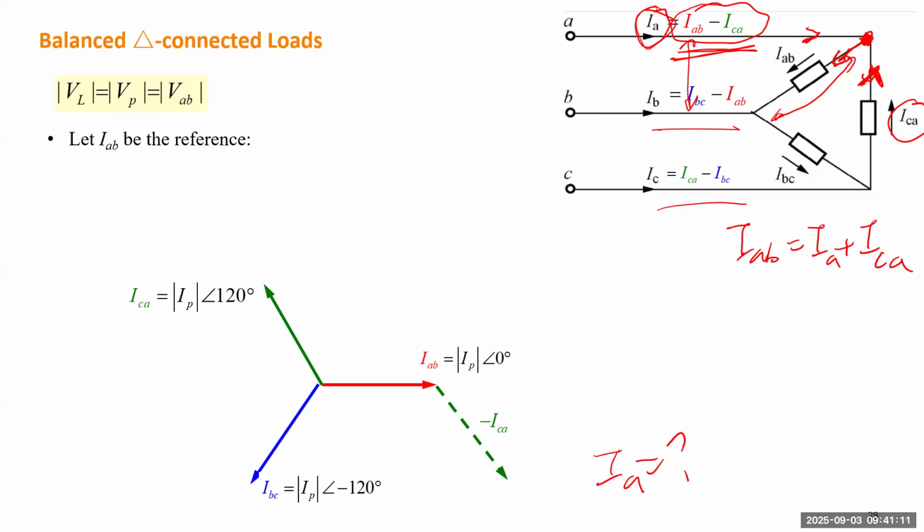Then we calculate the sum of the two phasors, starting from the end of the first phasor to the head of the second phasor. So that will be IA, okay? IA will be lagging IAB by 30 degrees.